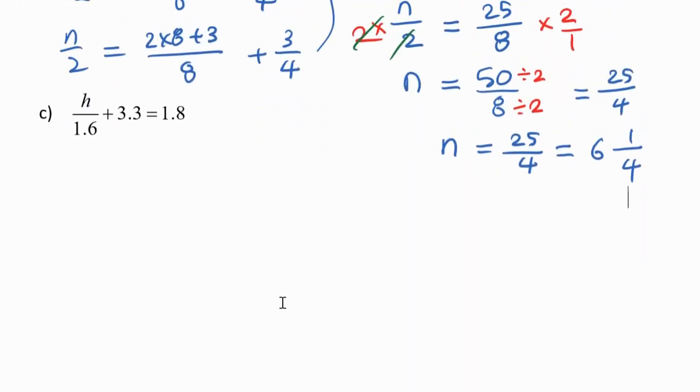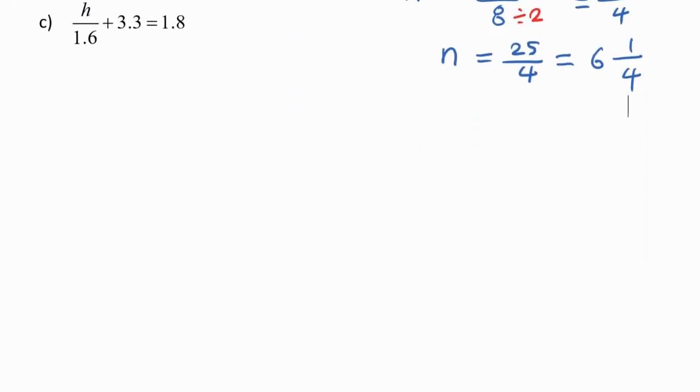Okay, last question. I have h over 1.6 plus 3.3 equals 1.8. Let's isolate h over 1.6. We're going to subtract 3.3 from both sides.